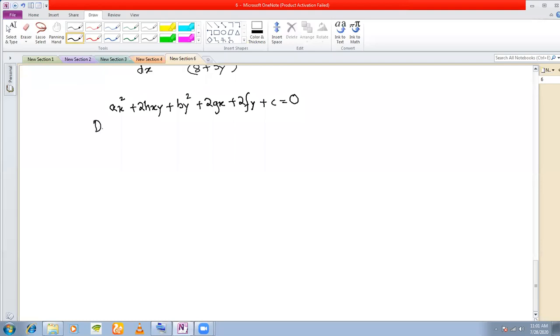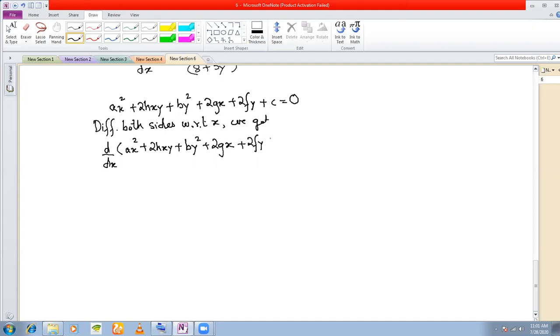Differentiating both sides with respect to x, we get d dx of ax square plus 2hxy plus by square plus 2gx plus 2fy plus c equal to d dx of 0, which is 0 obviously.